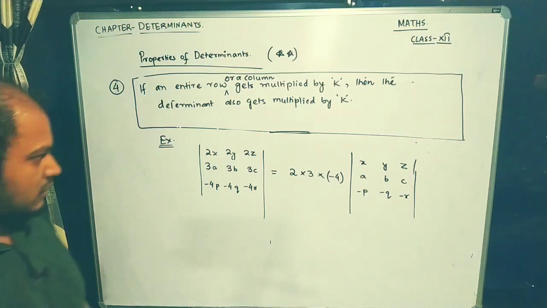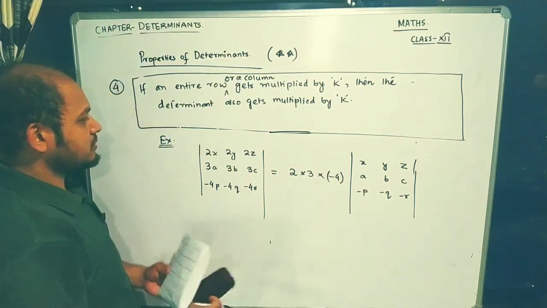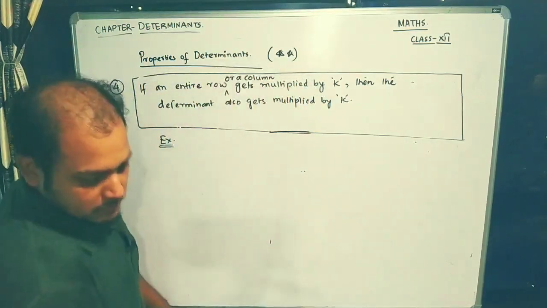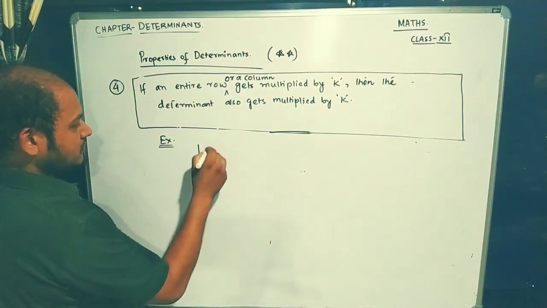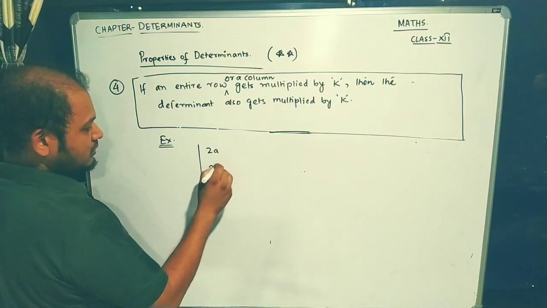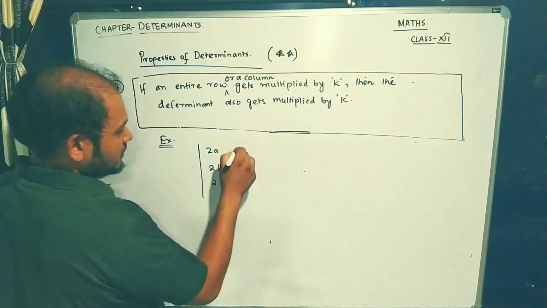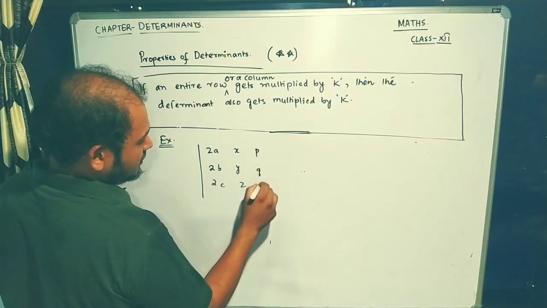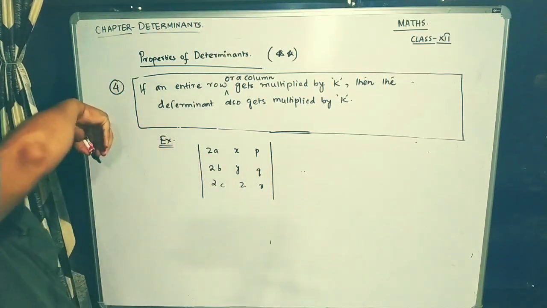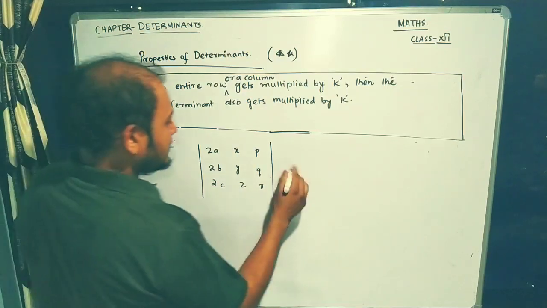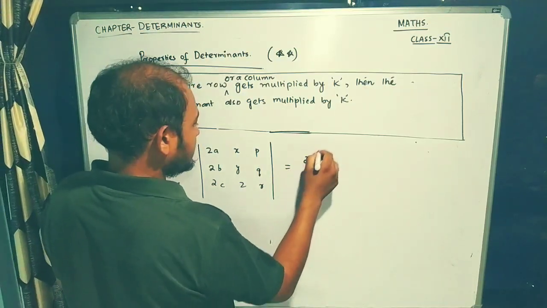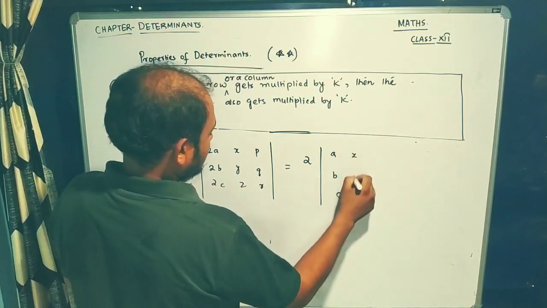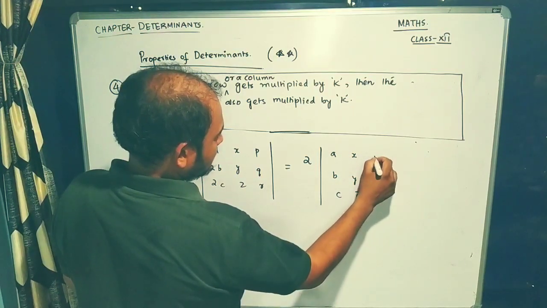Now let me give you another example. Let us say you have a determinant like twice a, twice b, twice c, x, y, z, p, q, r. In this case, you can take this 2 outside and just say it is a, b, c, x, y, z, p, q, r.